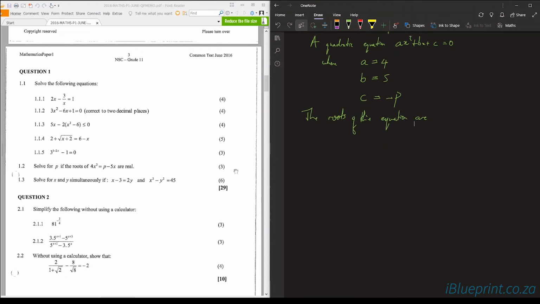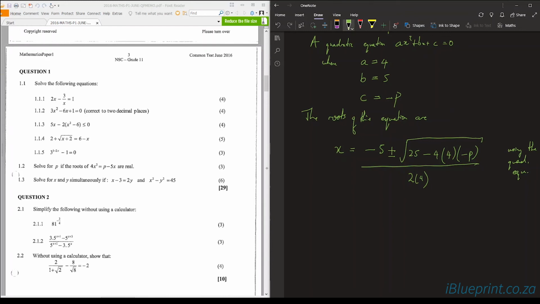Well, we have a, b, and c, so we use the quadratic formula. x is equal to minus b, in this case b is 5, plus or minus root of b squared, 25, minus 4, a is 4, c is minus p, the whole under the square root, all divided by 2 times a, using the quadratic equation.